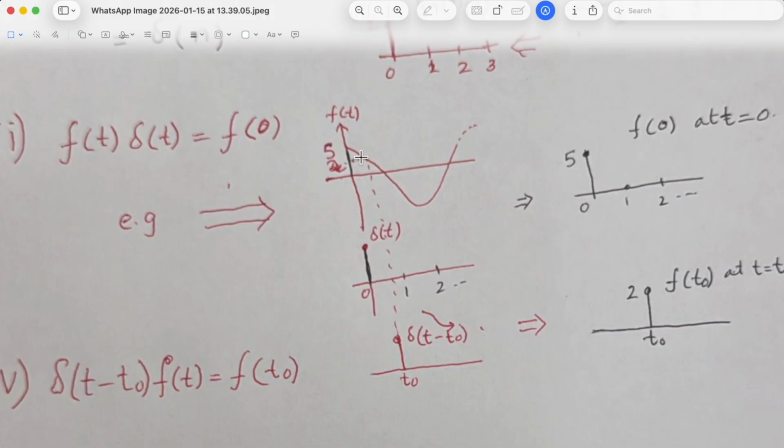If you multiply the cosine signal with the unit impulse signal, you can see that 1 multiplied by the amplitude 5 gives 5. But for all the remaining values, it is 0. Del of t is 0 everywhere else, but this function has different values at different points. If you multiply them with 0, the answer is 0. That is why if you multiply both of them, you get the amplitude 5 at t equals 0. That is equal to f of 0.